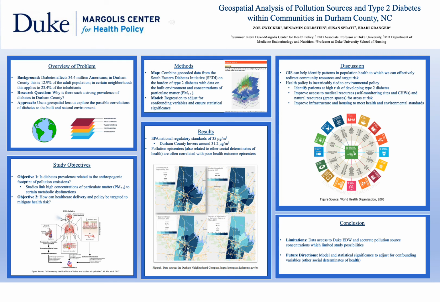I was able to get some preliminary numbers from the EPA website, but nothing too specific. In terms of future directions, we need to build the model so that we can adjust for confounding variables.